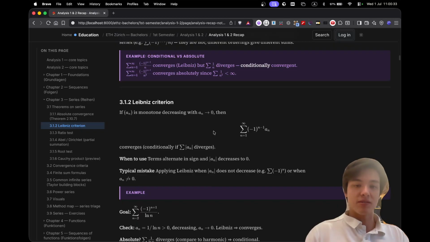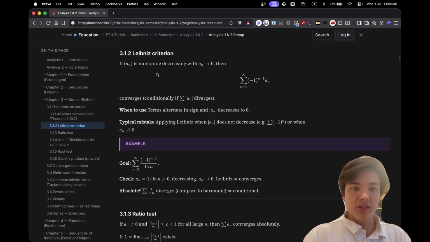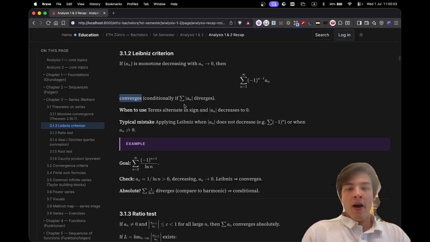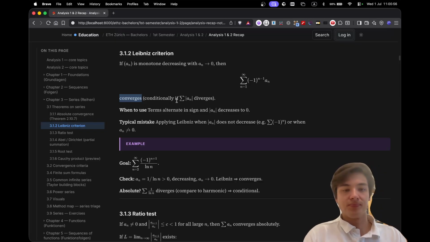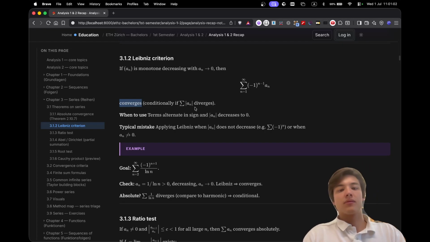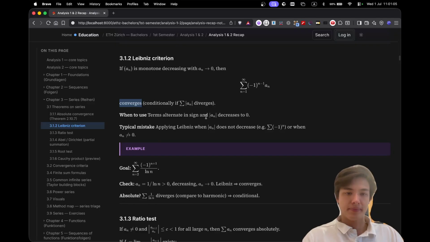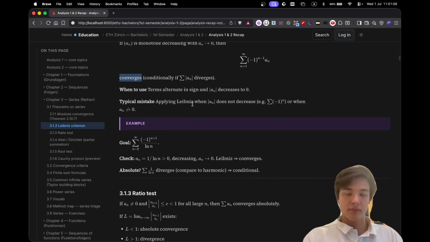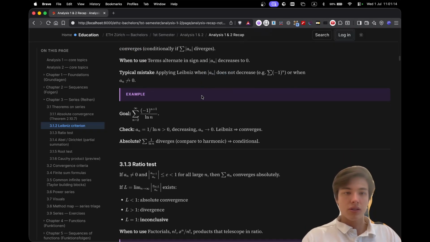Okay, today I should be in a better mood. So Leibniz criterion: if an is monotone decreasing, with an going to 0, then if the sign changes, it converges. So it has to decrease.